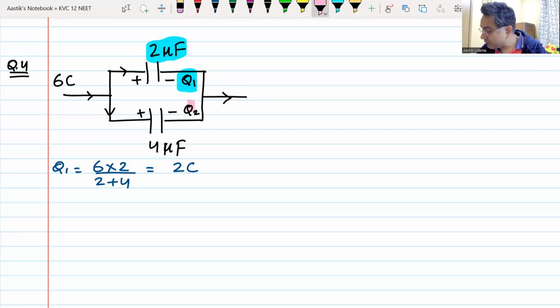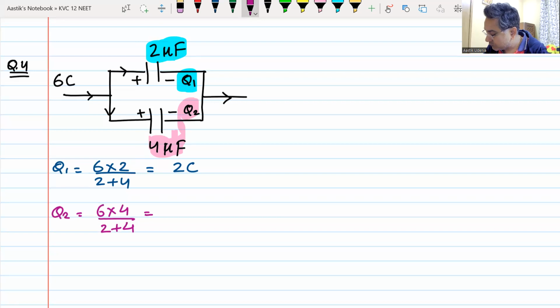To get the value of Q2, this is 4 microfarad. What will I do? Q2 will be 6 into 4 upon 2 plus 4. So that will be 4 coulombs.